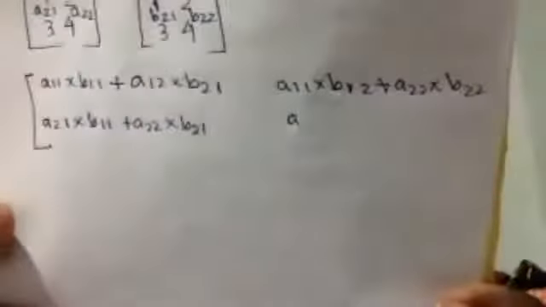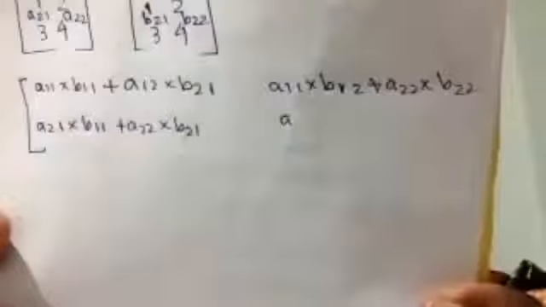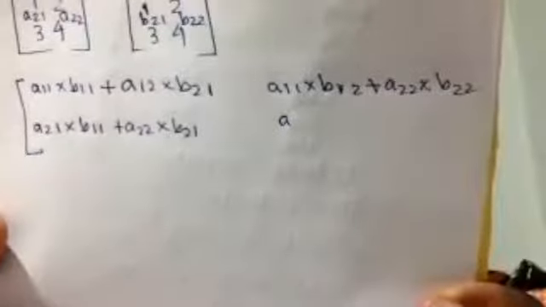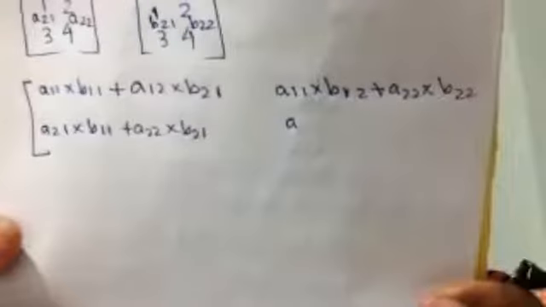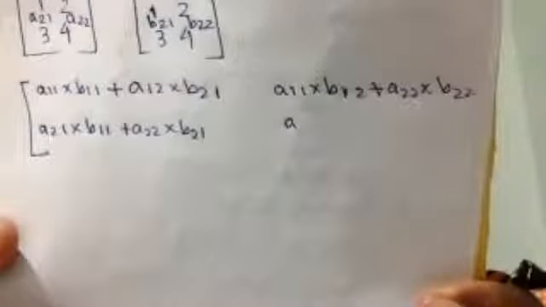A21 into B11. Is it correct? No. So it will be B21, so A22 into B21.